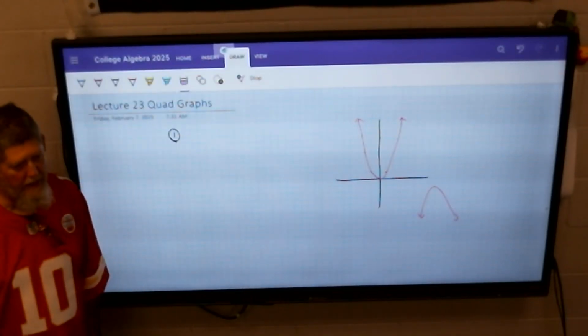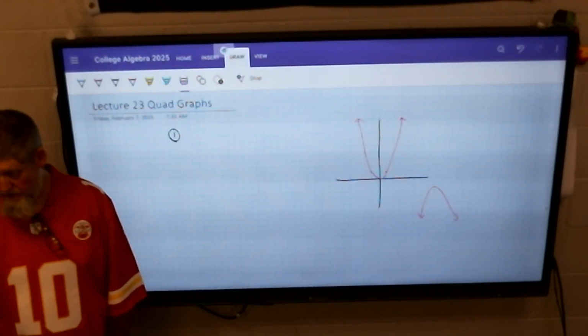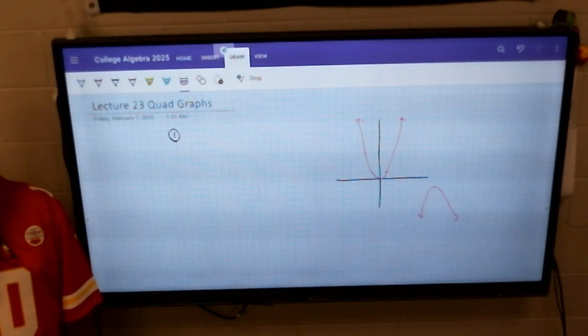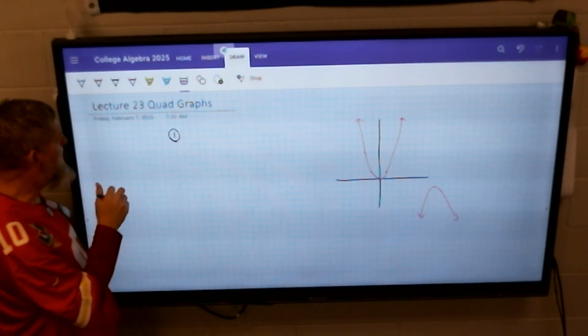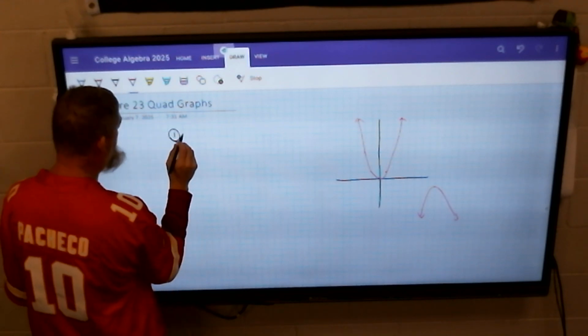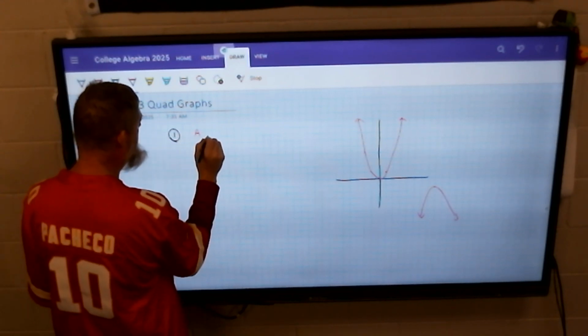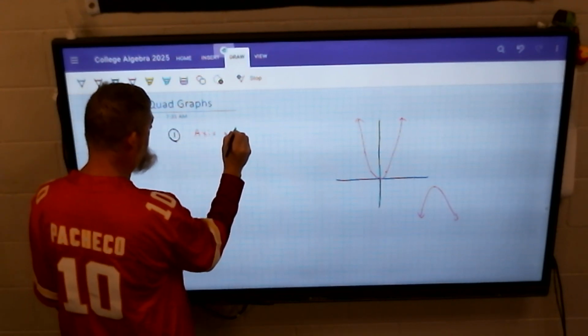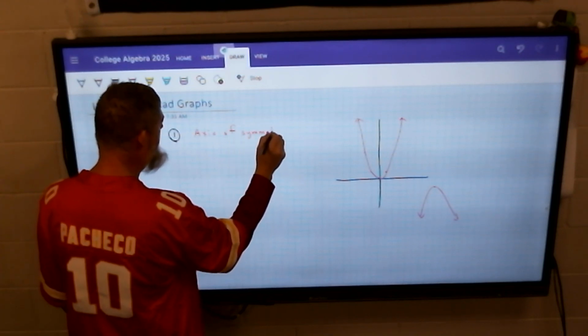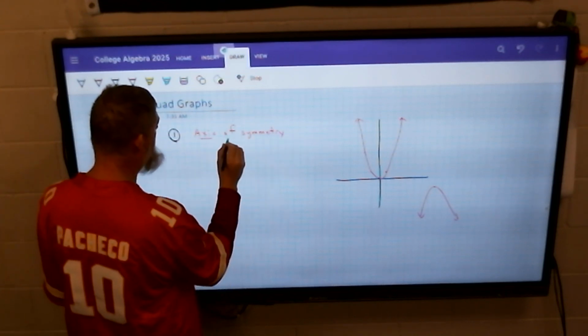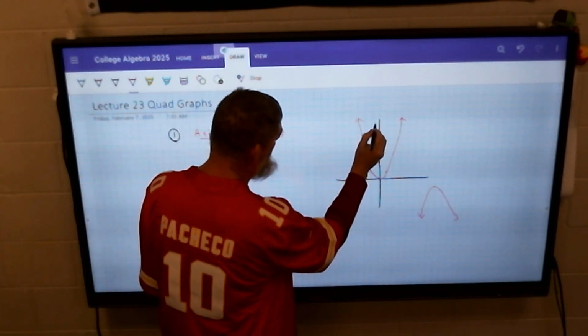What else can you tell me about it? It has a maximum, it has a vertex. You can go up or down. What else can you tell me about a parabola? Is axis of symmetry something like vertex? No, it's something different. So number one, we actually have what's called an axis of symmetry, and that's going to go right down the middle.